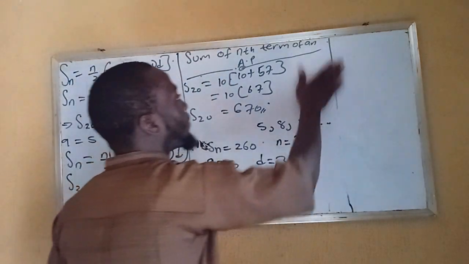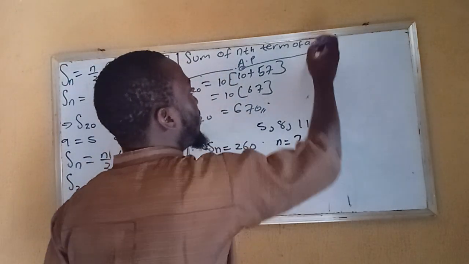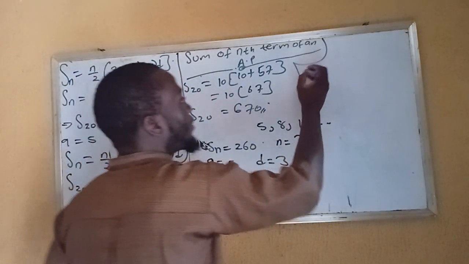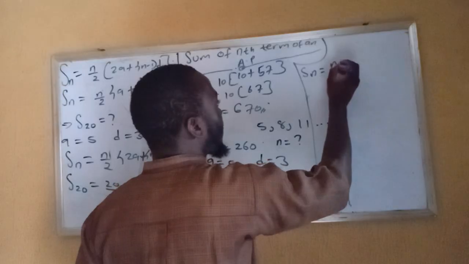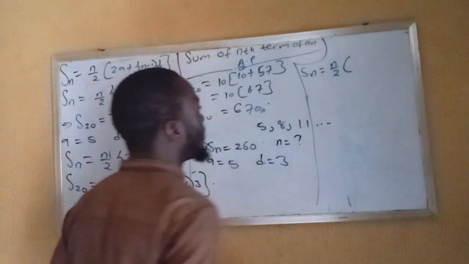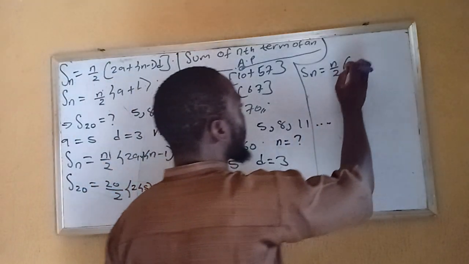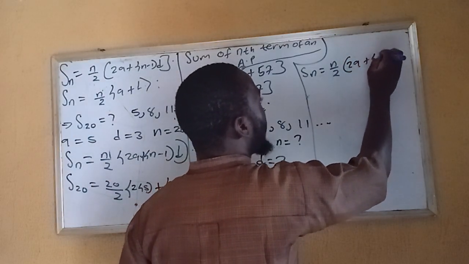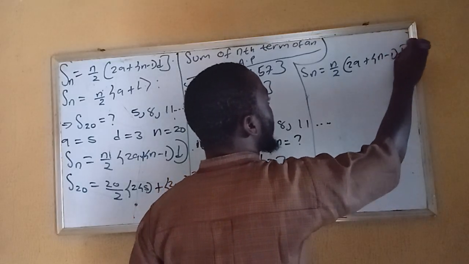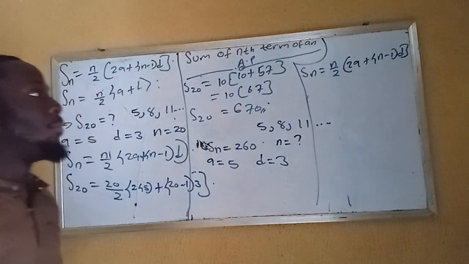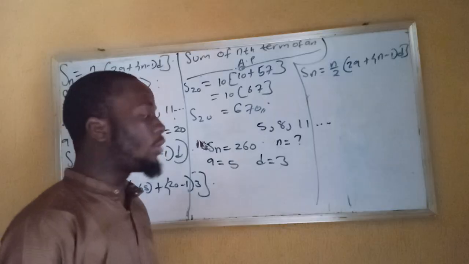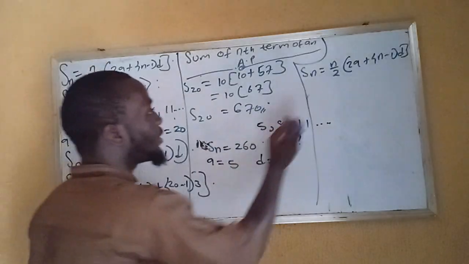We have Sn equal to n over 2 into bracket 2a plus open bracket n minus 1 d. Now we are finding how many terms must be added to get the sum of 260.